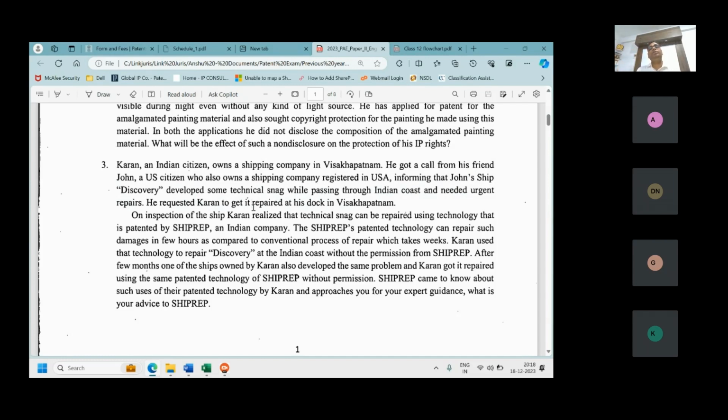So considering that it was repaired on board only, the first action will have the protection of Section 49, while the second will not.